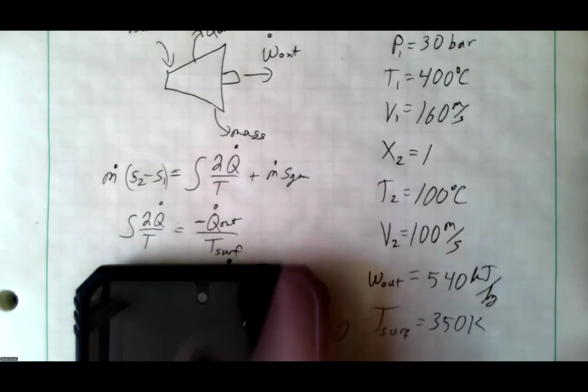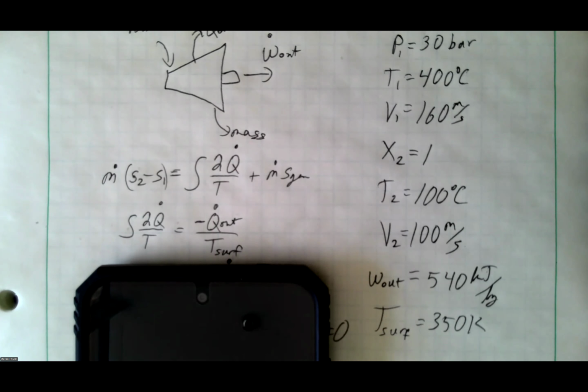That takes the place of this integral. So it's minus Q out over T surface. Again, if you didn't get this far, pause it and use this and try to work the problem out. Get it set up to where all you've got to do is look up property tables and run through your calculator.